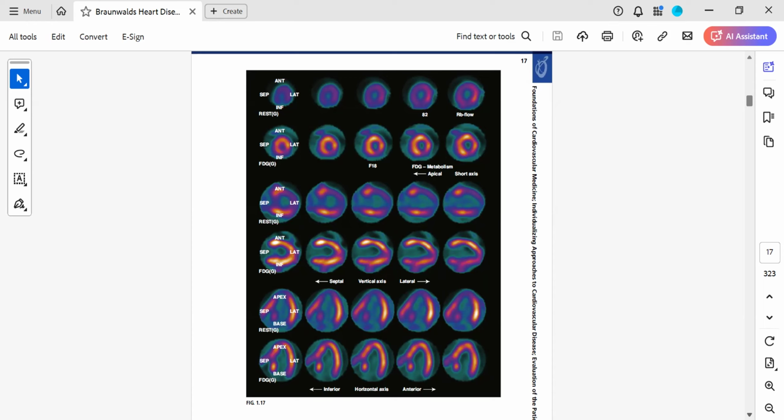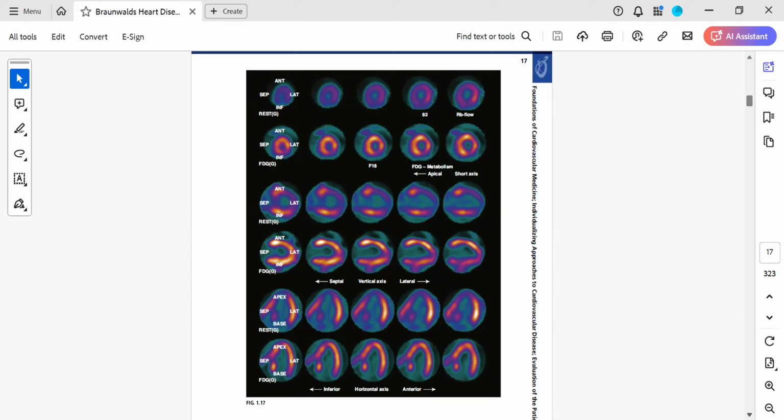Echo demonstrated akinesis of the entire anterior wall, septum, and mid and apical anterolateral wall, with an estimated LV ejection fraction of 20%. Myocardial viability was evaluated using cardiac positron emission tomography with rest rubidium and F-labeled fluorodeoxyglucose. Which of the following statements is true?